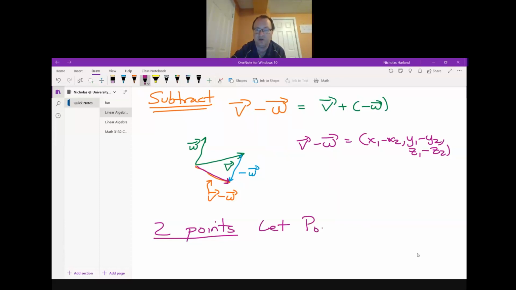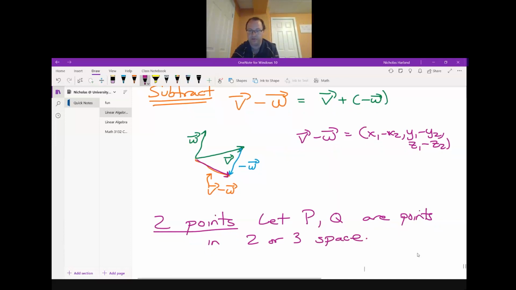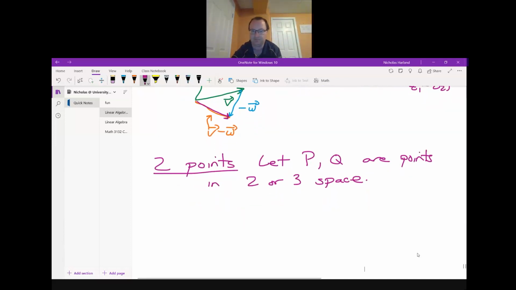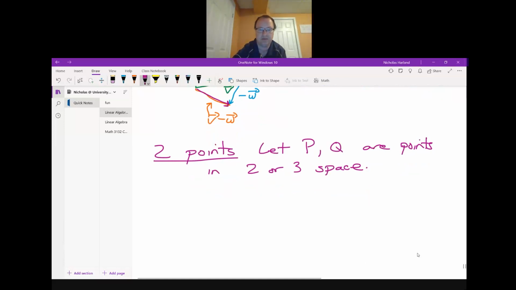What if P and Q are just points in either 2 or 3 space? Honestly, it works even more, although you lose the geometry with it. So let's say we had point P right here and point Q over there. Let's stick with 2 dimensions.